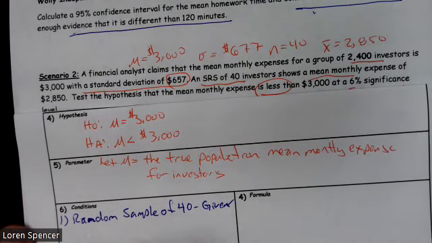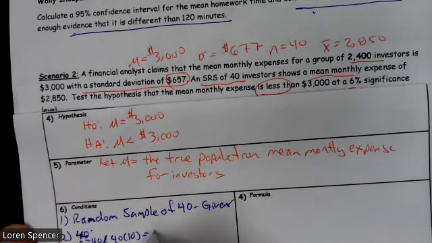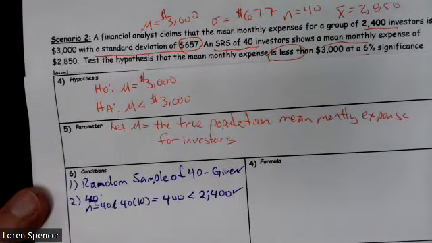So nice of them to give us something. Number 2, N is less than 10%. N equals 40, 40 times 10 equals 400. And that's less than 2,400. So we can check that off.